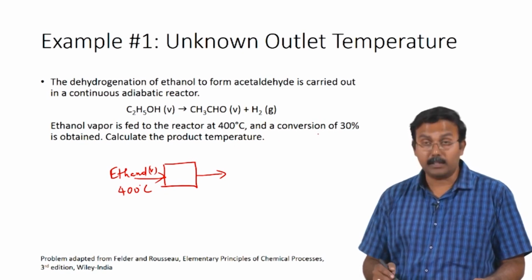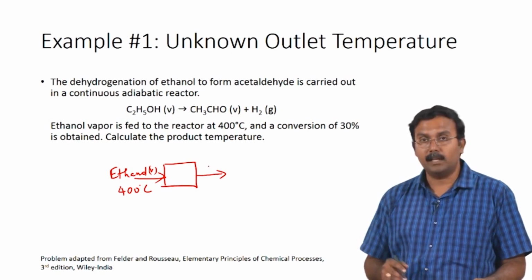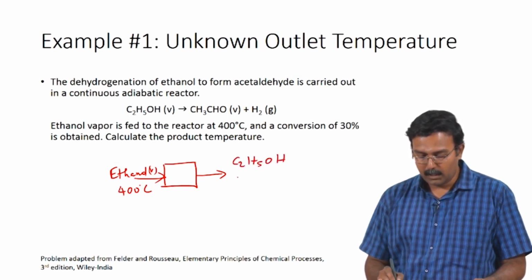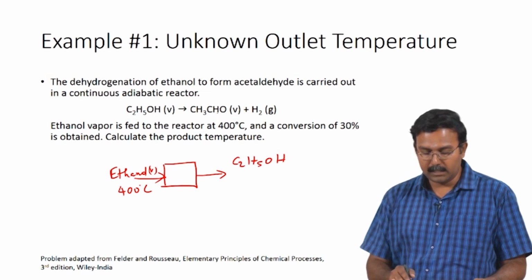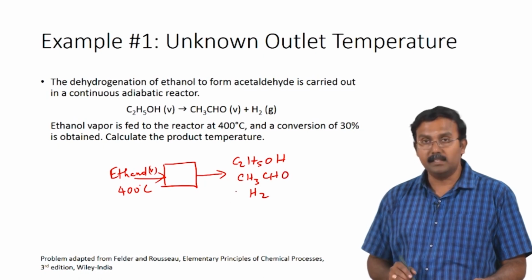We know that the conversion of ethanol is only 30%, that means 70% of ethanol entering will actually be leaving the system. So, you would have ethanol which is C2H5OH, and you will also have the acetaldehyde which has been formed, CH3CHO, and hydrogen which has been formed. So, all these components will actually be leaving the system.